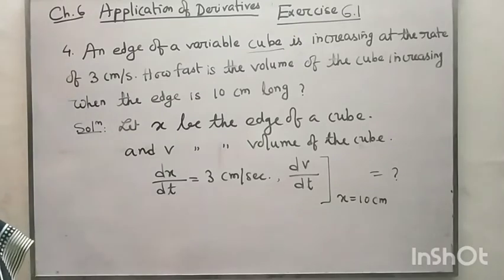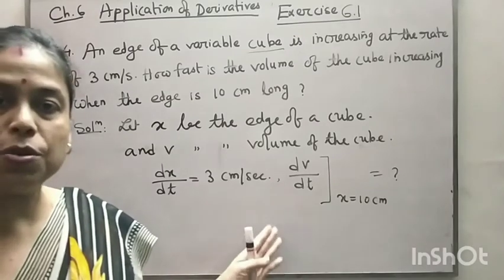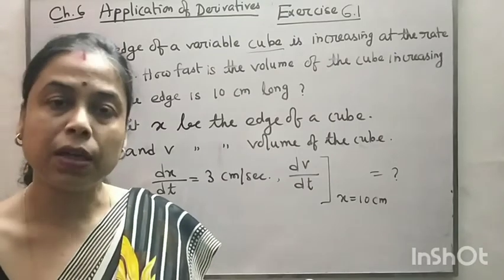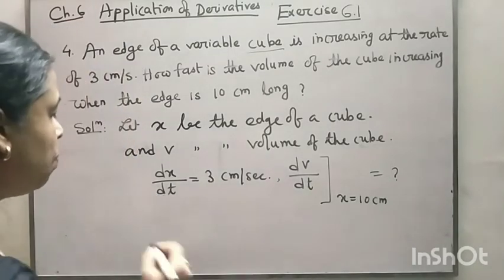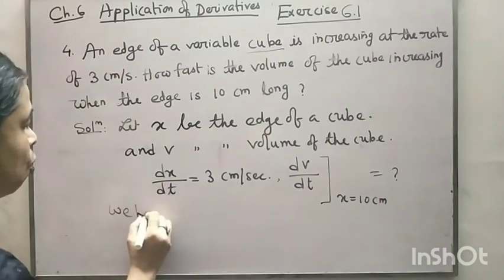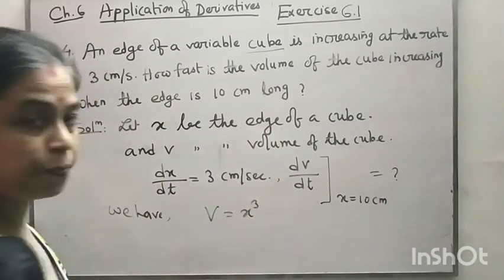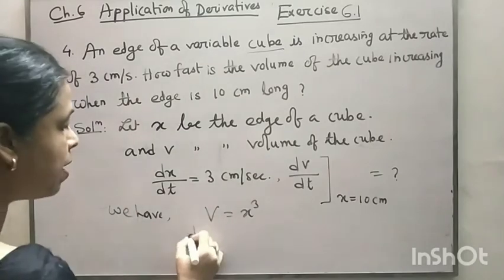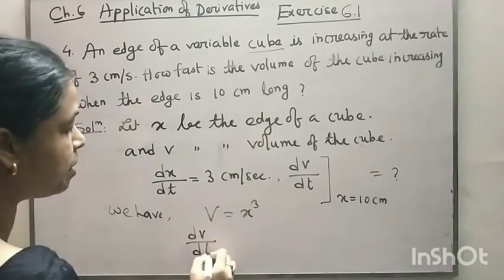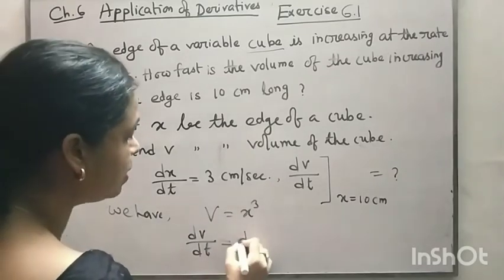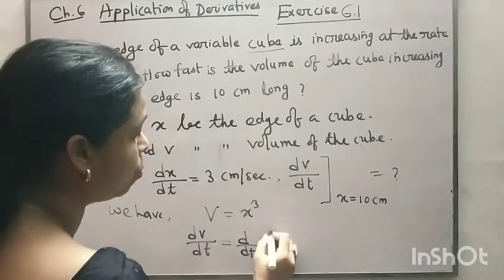As the volume is required, we are going to use the formula of volume of a cube. Hope you remember, the volume of the cube is x cube. The result required is the rate of change of the volume with respect to time, so dv/dt, and that is equal to d/dt of x cube.